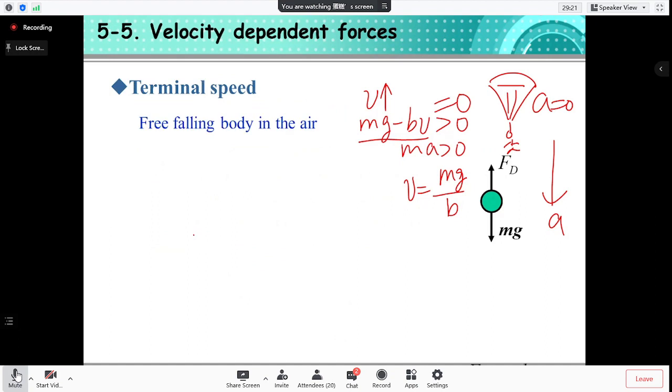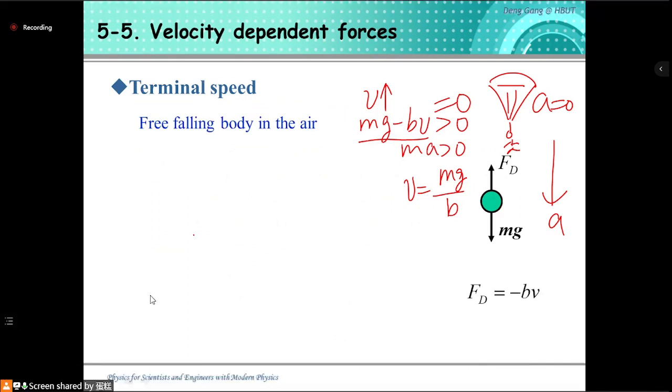Okay, so let's go on. Two forces: one is in this direction, the gravity, and the other in the opposite direction, with magnitude Bv. So the net force, like sigma F, the total force, is mg minus Bv.